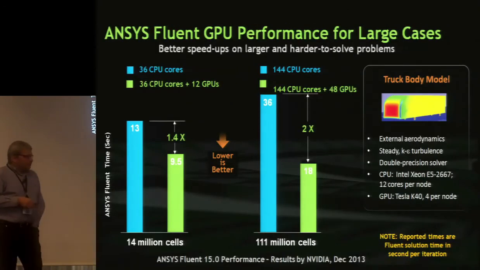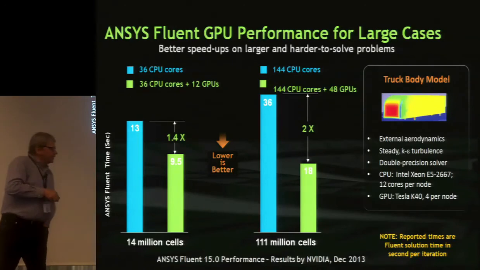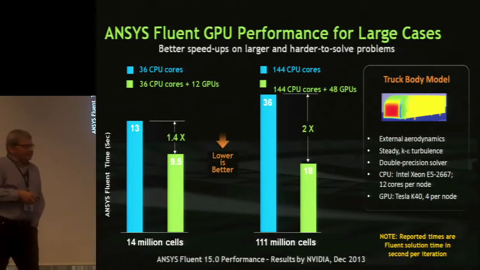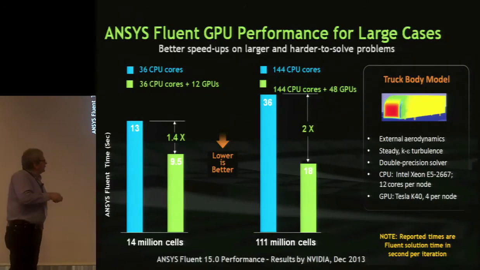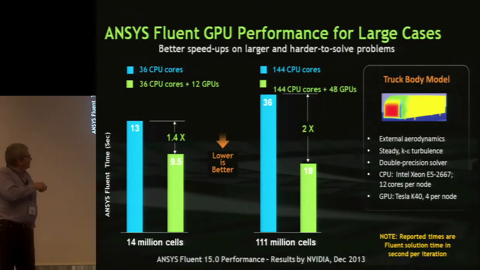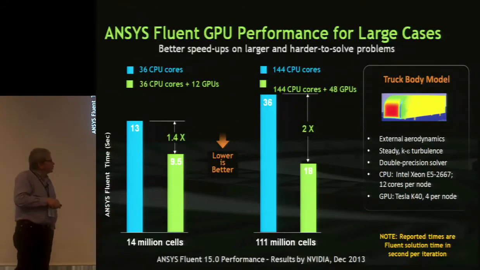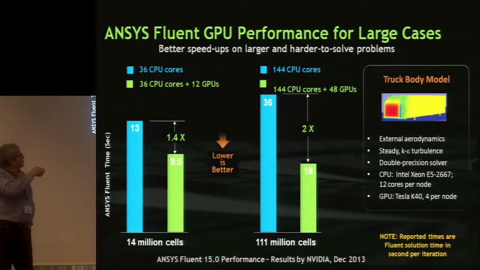Some performance numbers also here. Better speedups with larger problem sizes, as expected. So we have here a 14 million cells job and here a 111 million cells job. And we see a factor of 1.4 for the speedup on 3 nodes here.